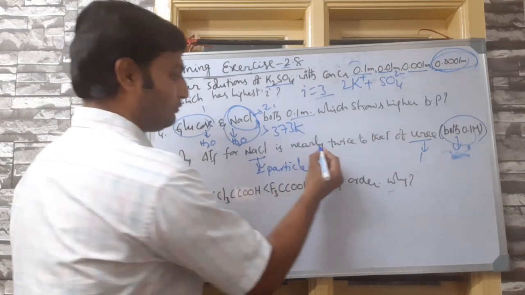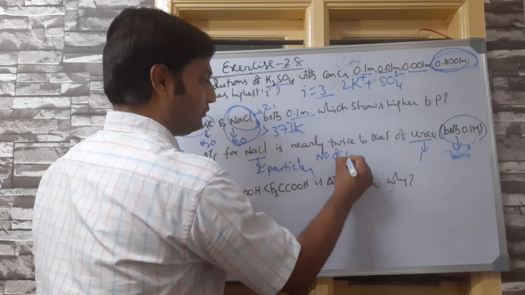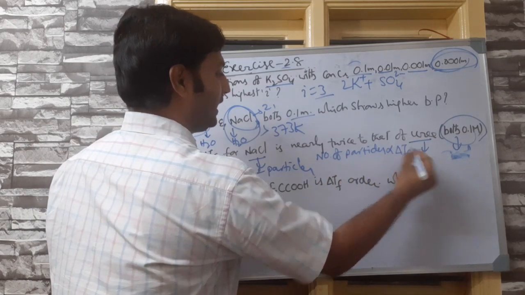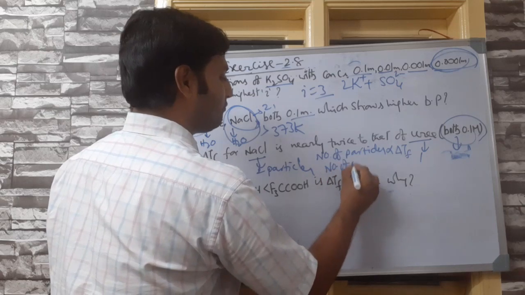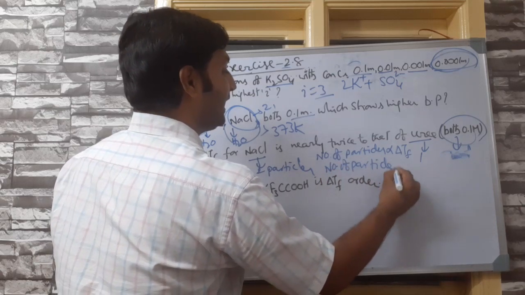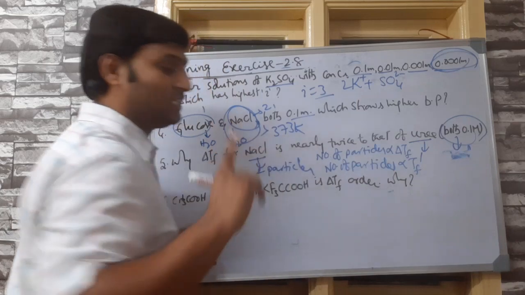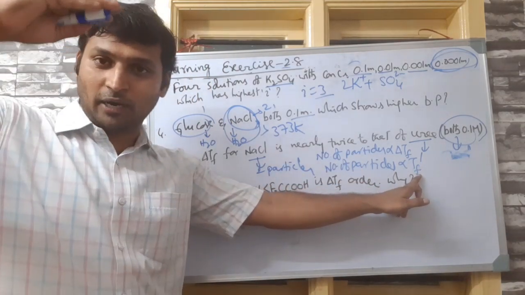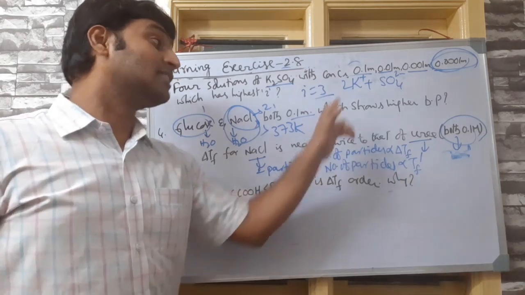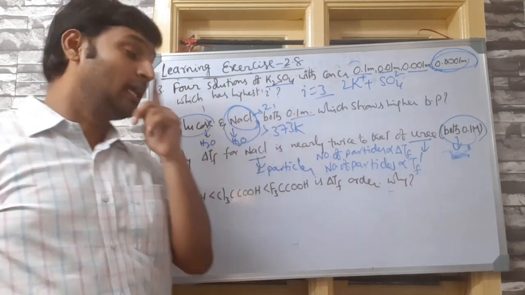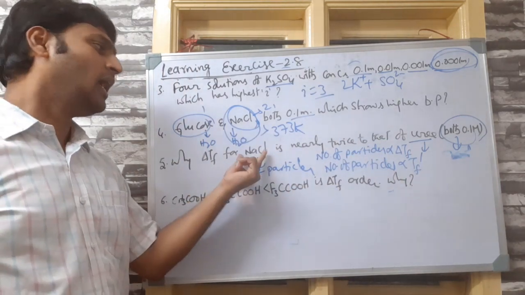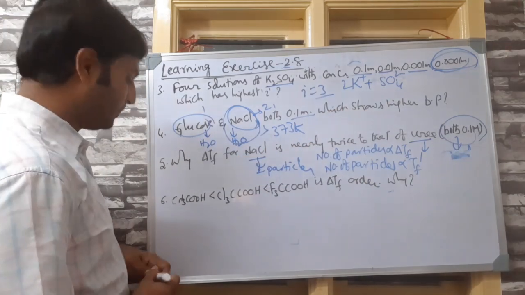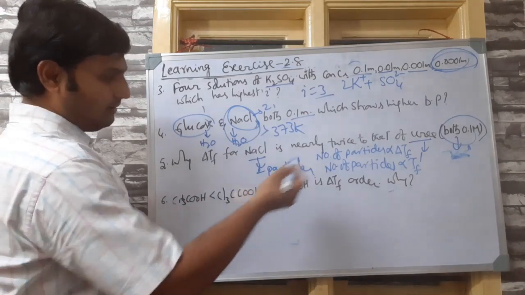So, note down carefully, number of particles is directly proportional to delta TF, but number of particles is inversely proportional to TF, that is freezing point. Means more particles, less freezing point because freezing point is depressed. More particles, more is the depression in freezing point. He is talking about depression in freezing point and sodium chloride will show more depression because of more number of particles. Okay.